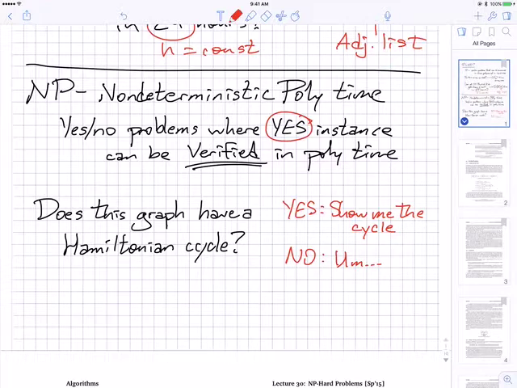So the million-dollar question is: is every problem in NP also in P? For every problem where I can verify a yes answer quickly, is there an algorithm that can decide yes or no quickly?